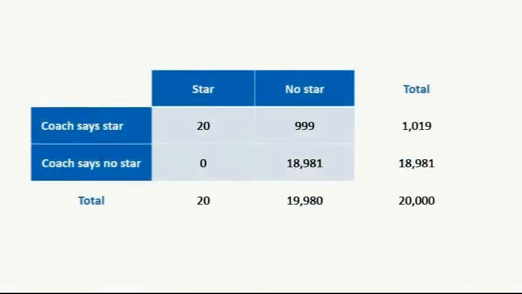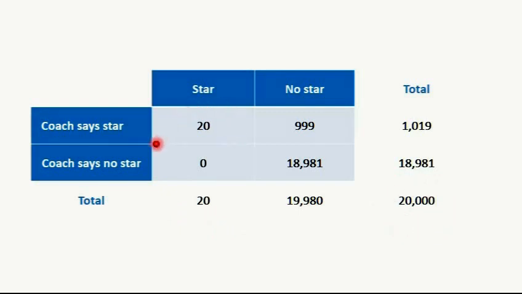A look at the corresponding 2x2 matrix can help us see what is going on. To have big nice numbers, let's make the unreasonable assumption that the coach has seen 20,000 children like yours. Of course, nothing changes with a smaller number. We see here that the base rate is 0.1%, 20 over 20,000.